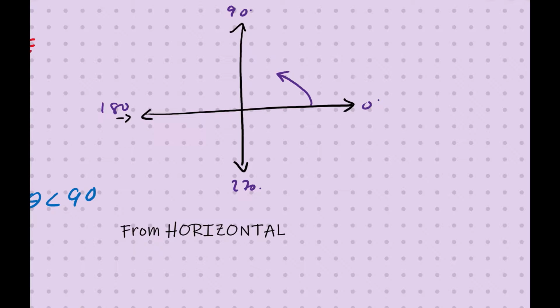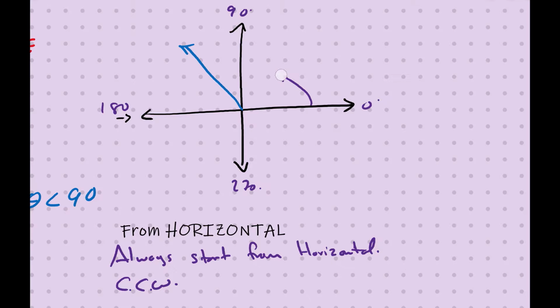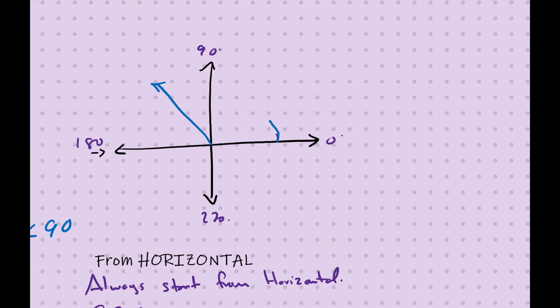So for any angle given from the horizontal, we always start from the horizontal and go counterclockwise. Let's say we have a 120 degree angle from the horizontal. It would be somewhere over here, measured from the horizontal all the way over here, 120 degrees.